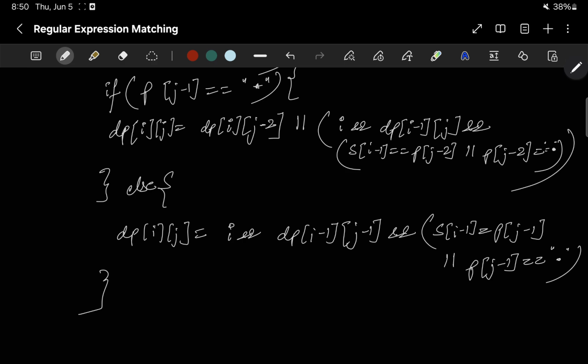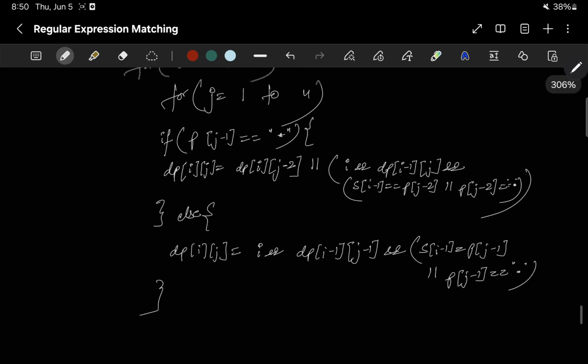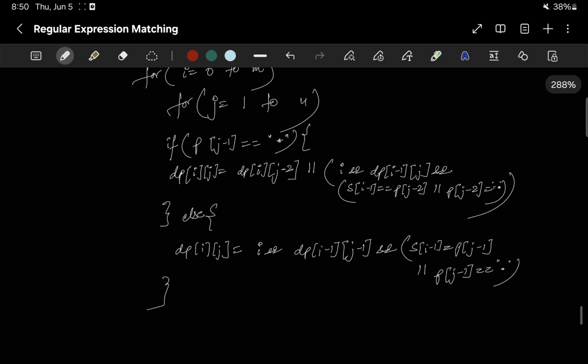Double equals to dot. So this is the only very small solution to this question.